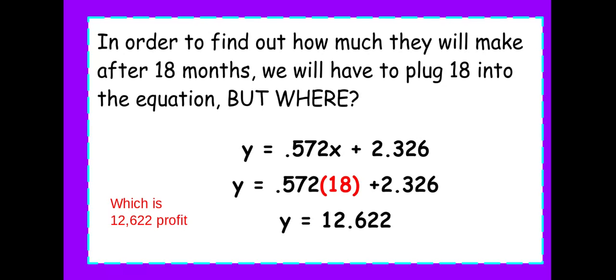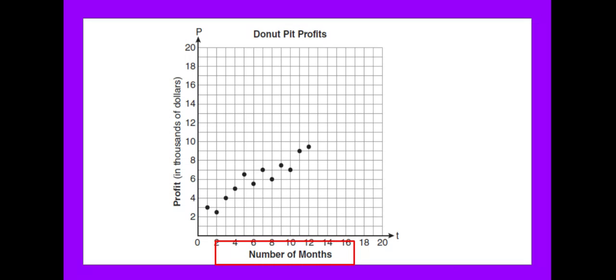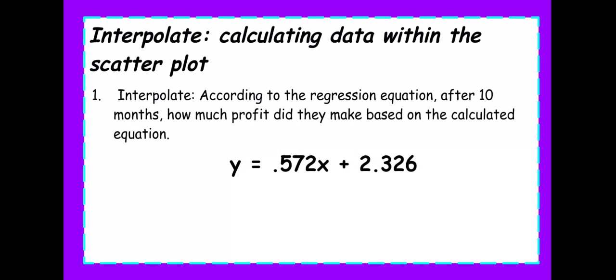Now we're going to go down to the next part. It said, according to the regression equation, after 10 months, how much profit did they make based on the calculated equation? Again, months is our x. So we're going to take our equation, write it down. Since it's 10 months, we're going to replace the x with 10.